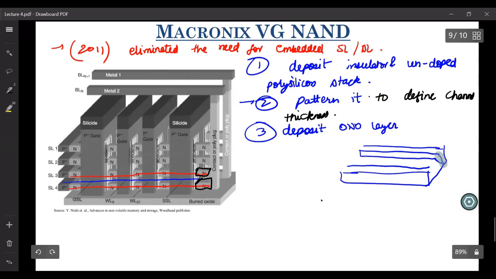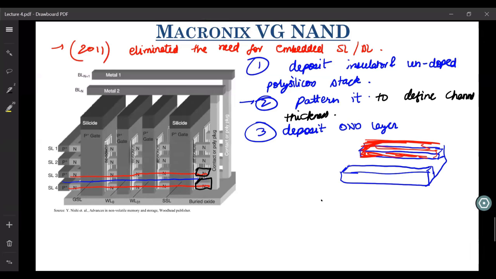It's very difficult to draw, but I guess you should understand. They segregated different channels along this direction, and then they deposited ONO to cover everything. So they deposit the ONO layer like this to cover everything.